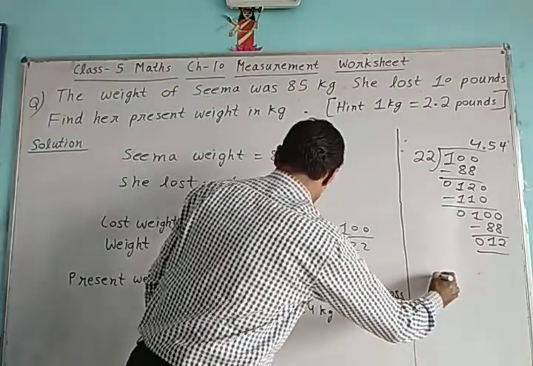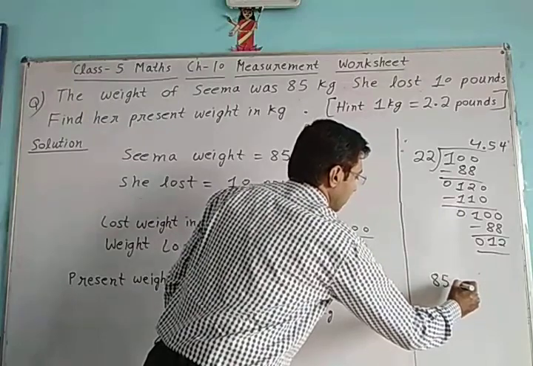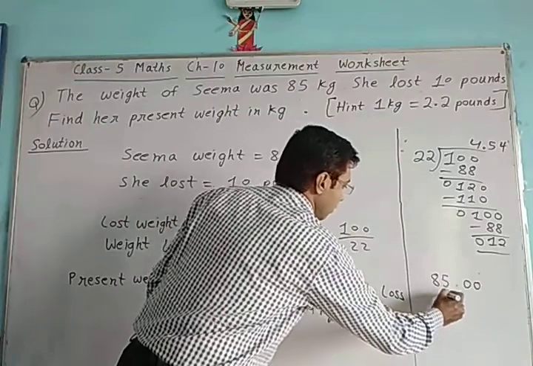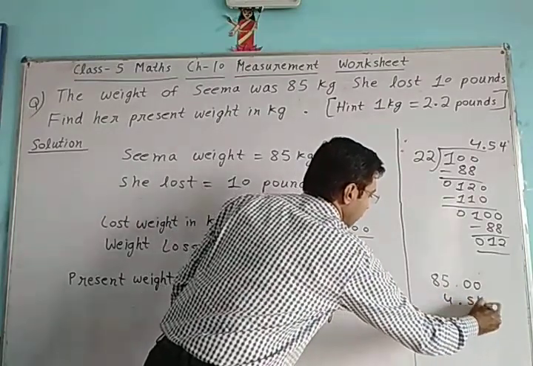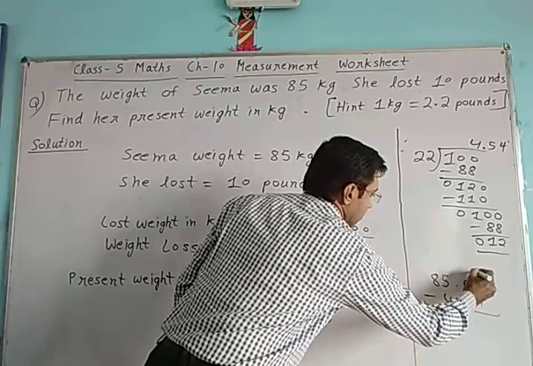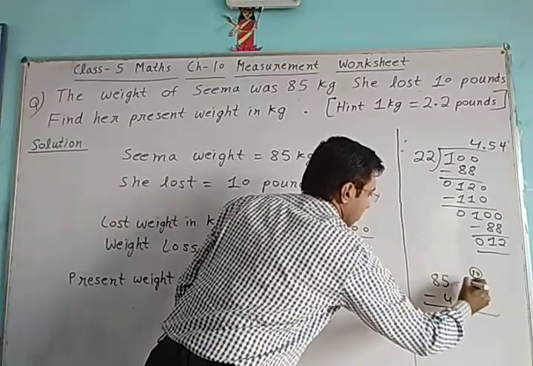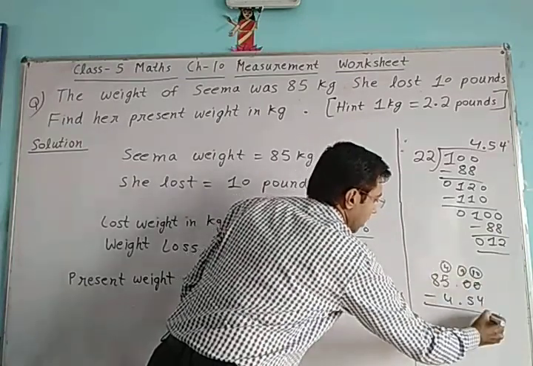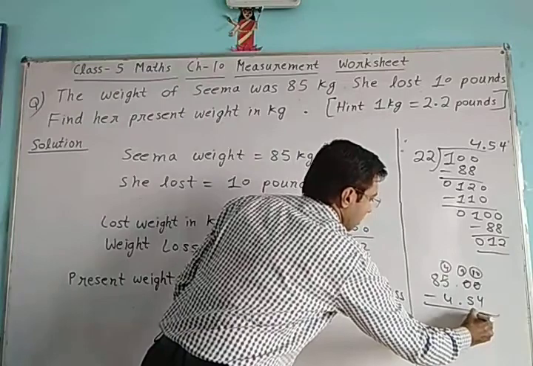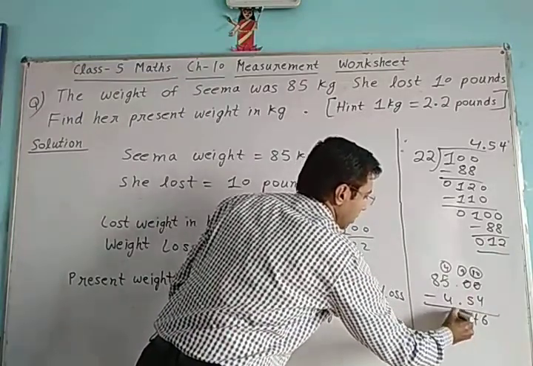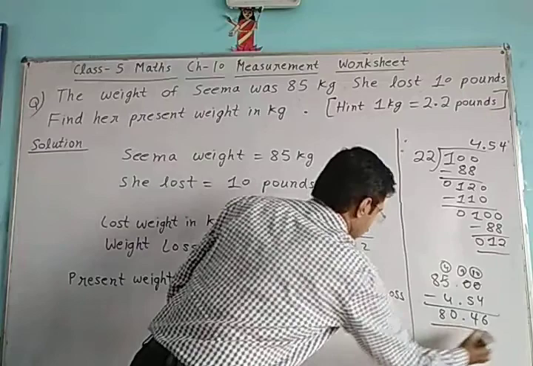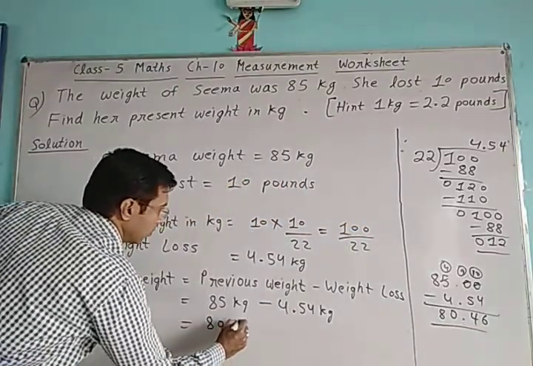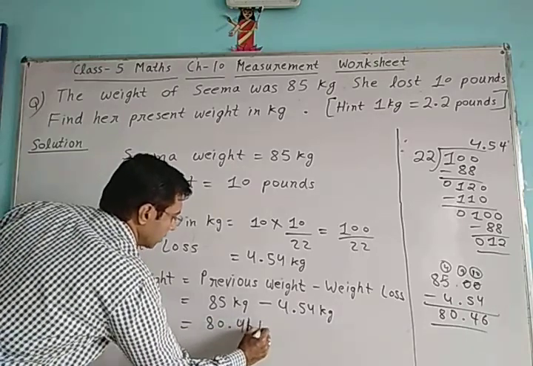Now subtract. 85.00, we write the number with matching decimal places. Now 4.54 minus, so 10, 9, 4, 10 minus 4, 6, 9 minus 5, 4, 4 minus 4, 0. So 80.46 kilogram.